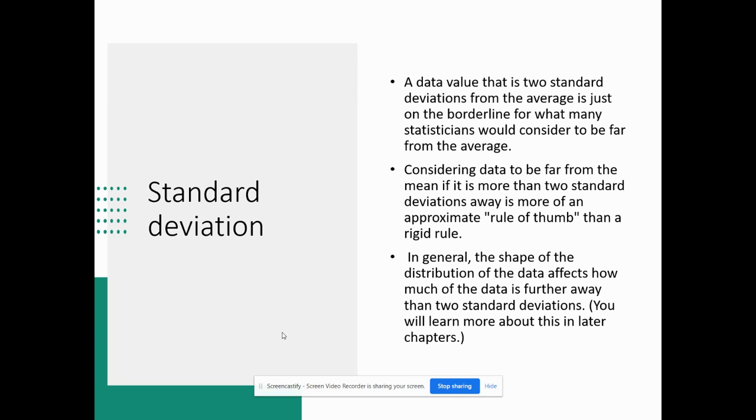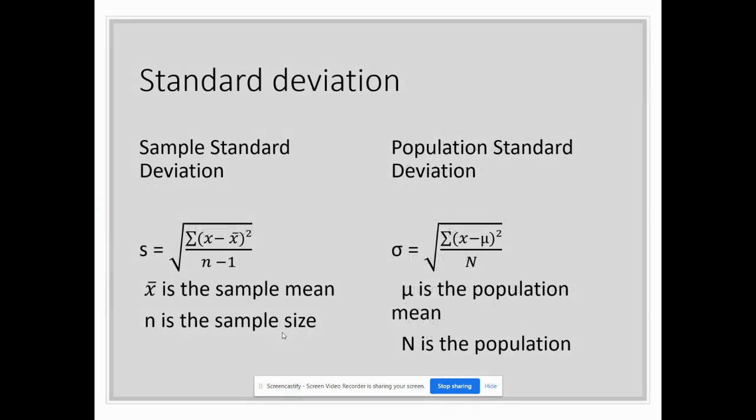If our data has that pretty bell shape, 95% of the data is within 2 standard deviations of the mean, and that's a lot of my data. I've captured a lot of people or items in that group, and that's acceptable.